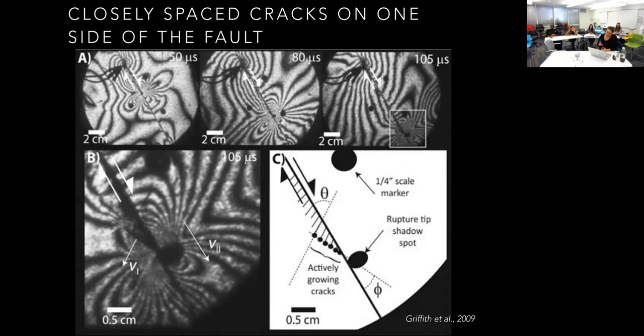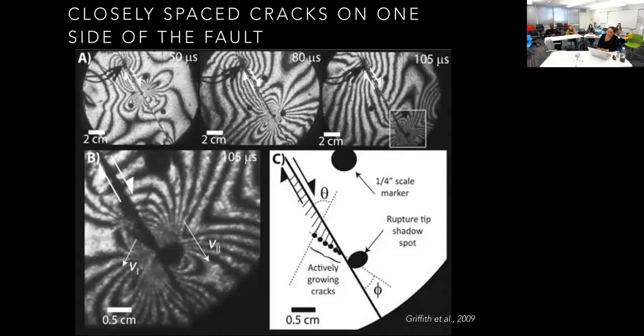So the reason why they use plastic instead of a rock, of course, is because you can shine light through it, and it's birefringent. So all the fringes that you see in there actually represent the pattern of stress in the plastic around the fault as the fault is rupturing. It's a pretty cool thing to be able to image. So as you go through the panels here, it's like a cartoon of his experiment from 50 microseconds after rupture to 80 to 105.